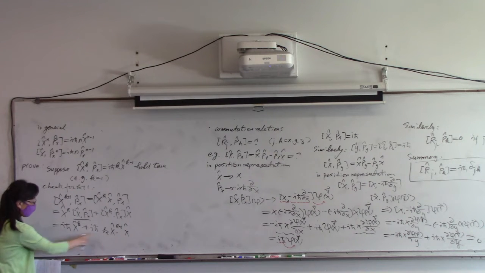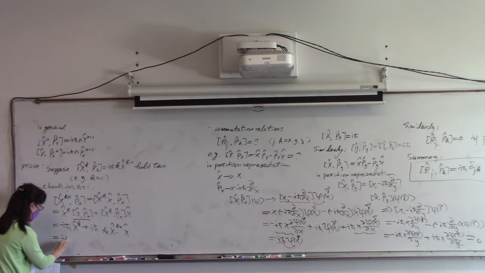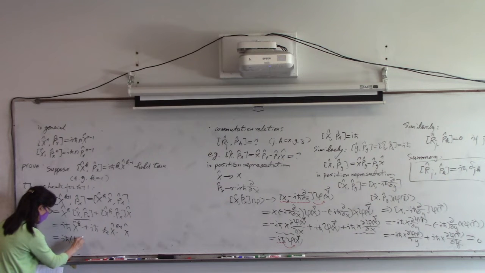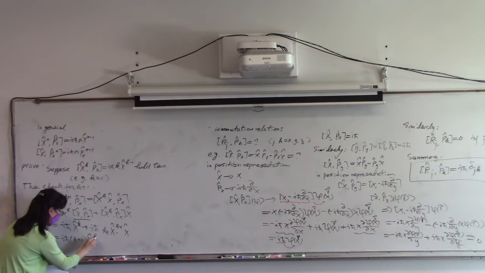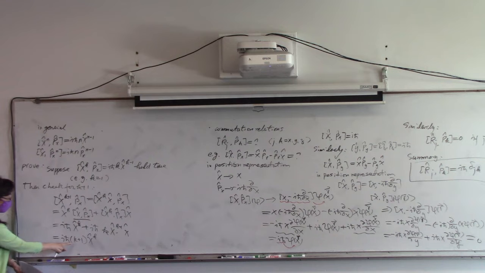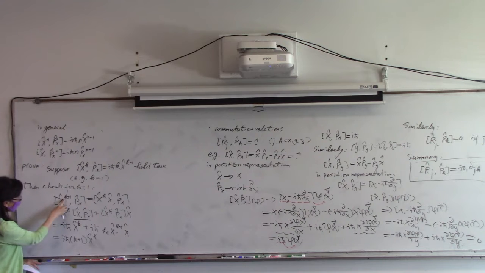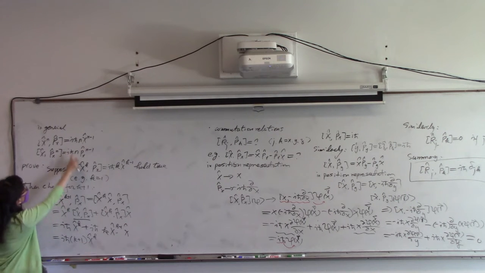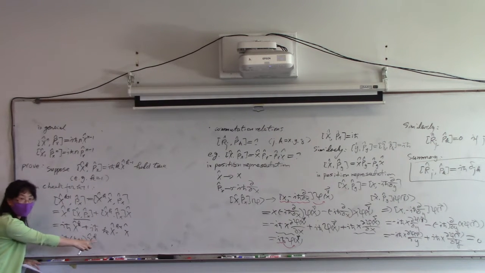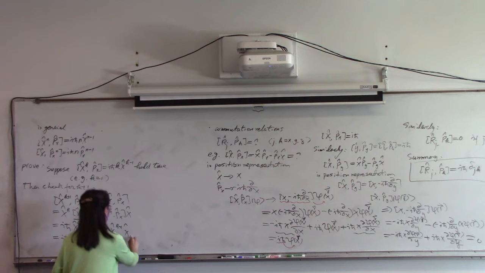But here we have k, so that means i h bar k plus 1 x to the k power. That makes sense: this is n, so n is k plus 1, and n minus 1 is k plus 1 minus 1, which is k. So yes, that holds.